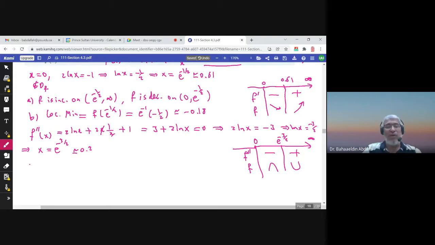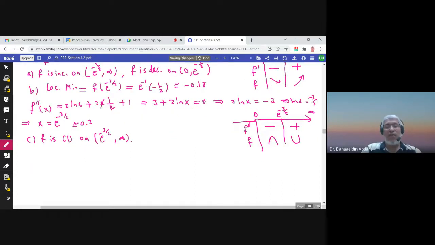And the answer to part C would be f is concave up on the interval from e to the power negative 3 over 2 to infinity, and f is concave down on the interval from 0 to e to the power negative 3 over 2.